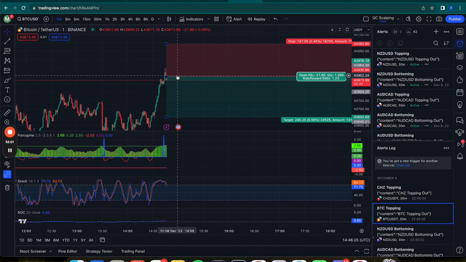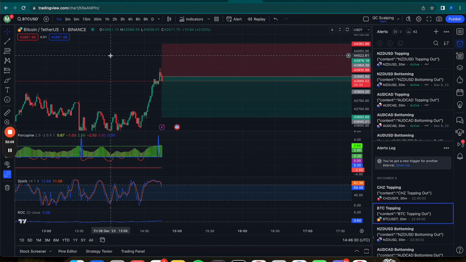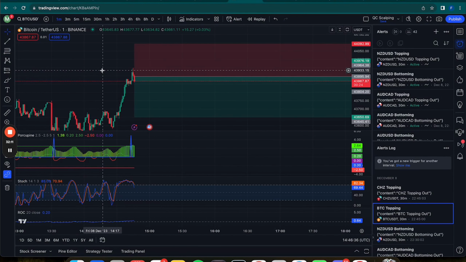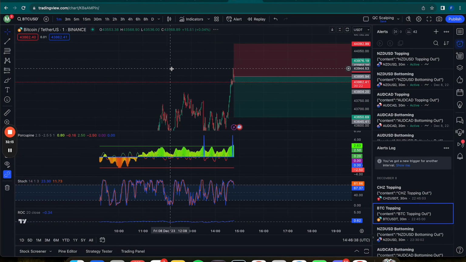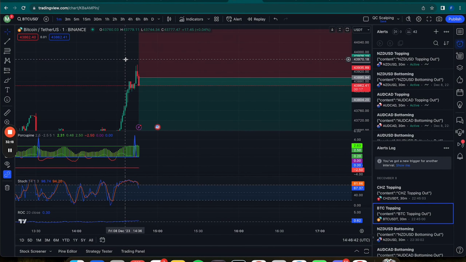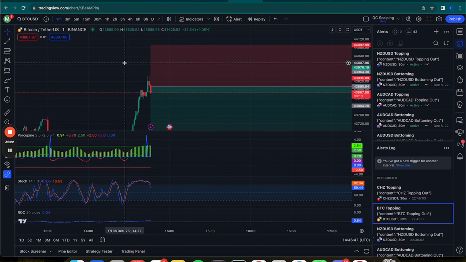Okay, so right now that theory seems plausible. So as we're going down at this entry, which I just did live or semi-live, I didn't actually enter because I'm talking, but if I was scalping, that's something that I would do. But we can just play it out as if we were in this trade.